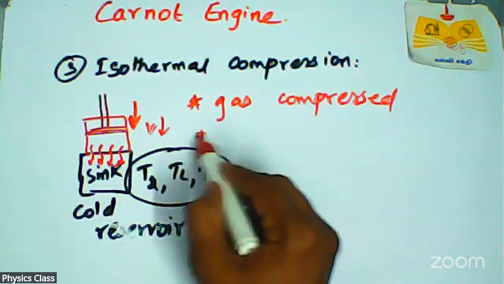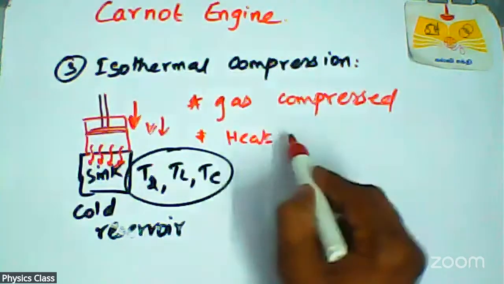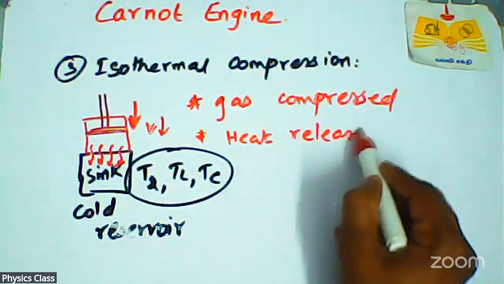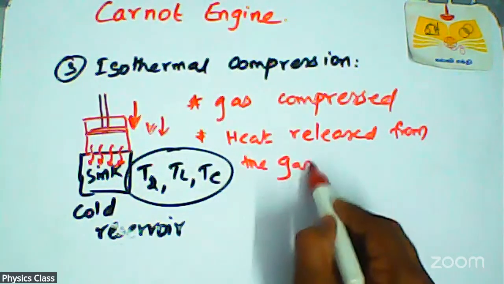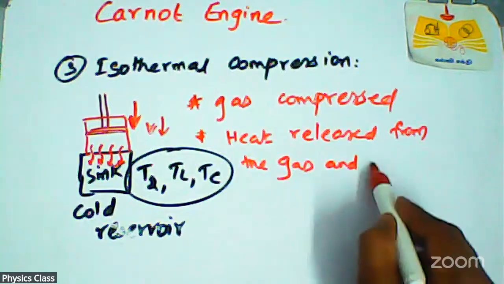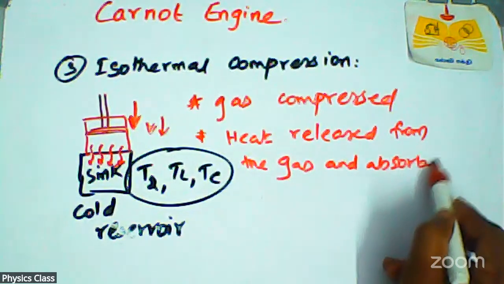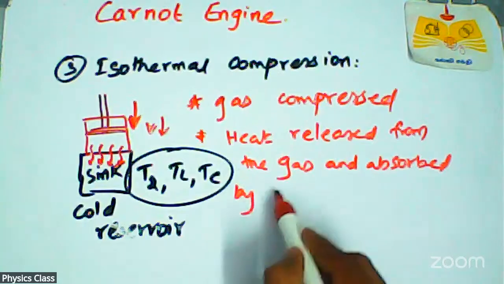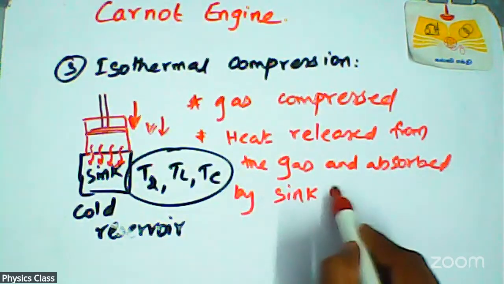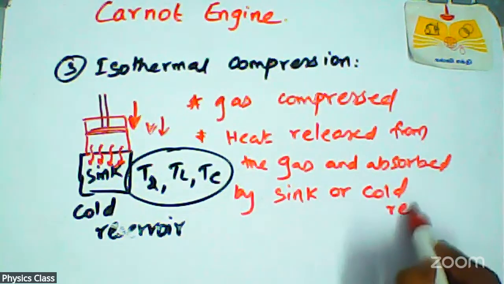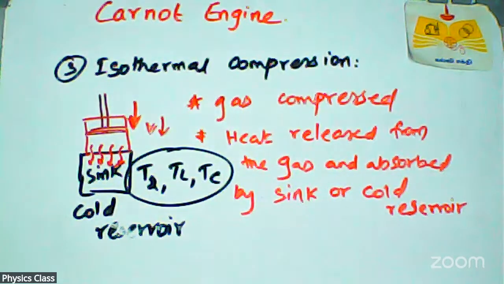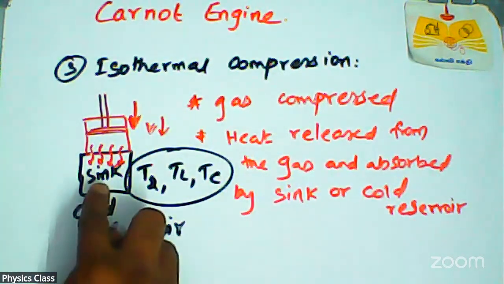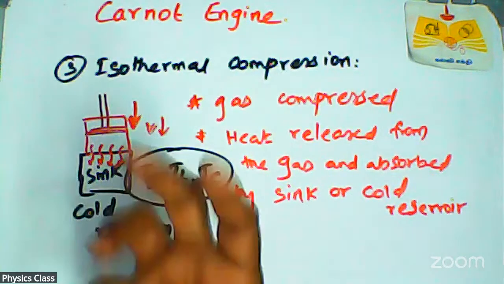Heat is released from the gas, and it is absorbed by the sink or cold reservoir. Gas compressed, heat released. That heat flows into the sink or cold reservoir. The cold reservoir absorbs that heat.